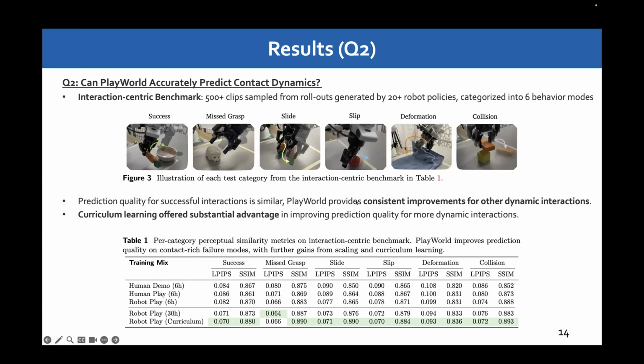But when you use PlayWorld, it is much better for dynamic interactions like failure data, such as deformation, slip, or slide. One good point is that the curriculum learning that we explained earlier is much better at improving the prediction quality compared to naively training on the entire data without the curriculum.